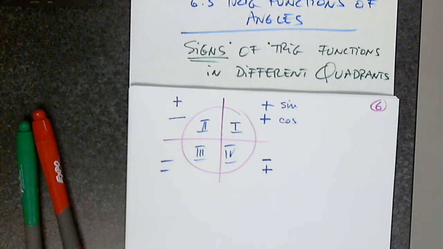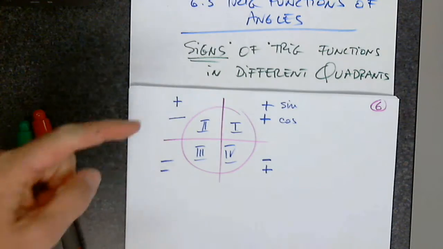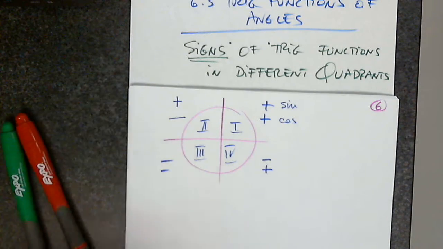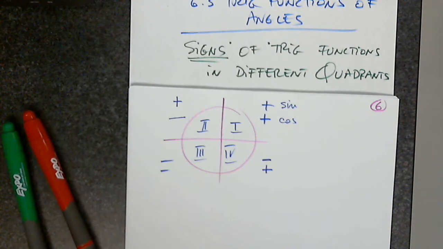If I know and I remember the signs of sine and cosine, can I ask you the question, what is the sign of tangent in the second quadrant? Sine over cosine. Tangent is sine over cosine. What will be the sign of tangent in the second quadrant? Perfect. What will be the sign of cotangent in the third quadrant?